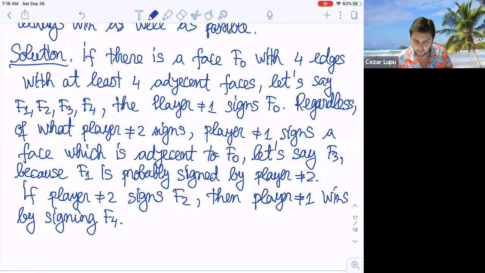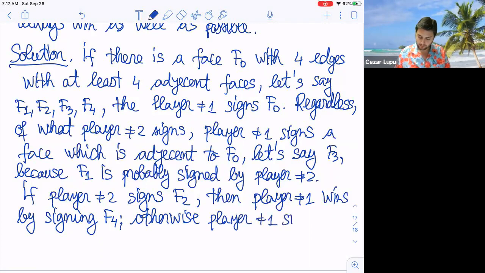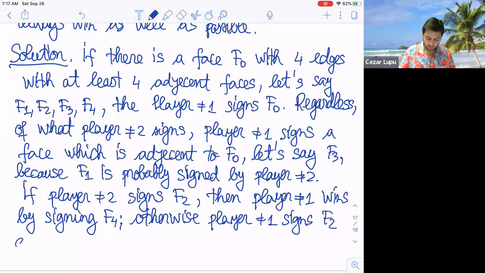Otherwise, player number 1 signs F2 and wins.